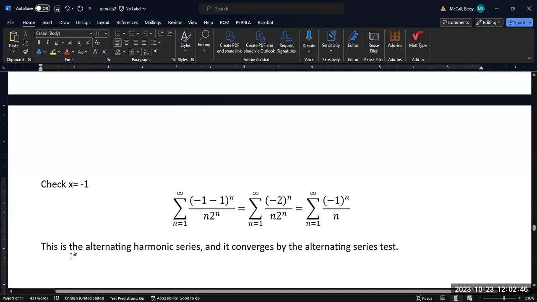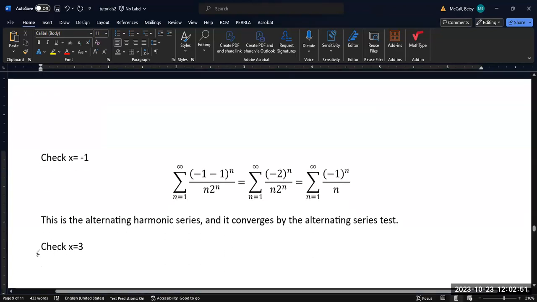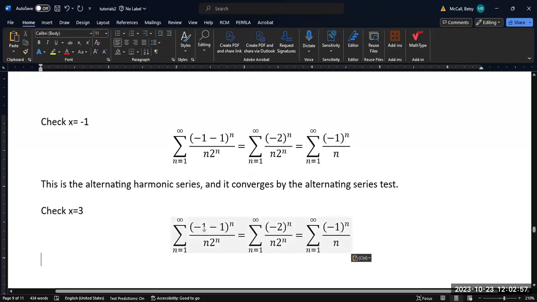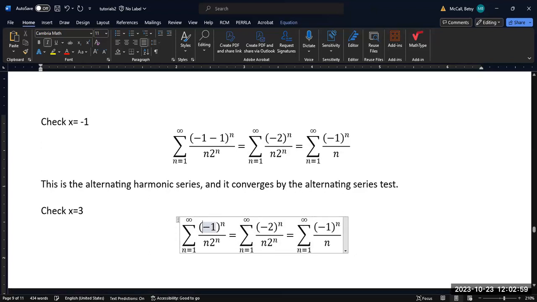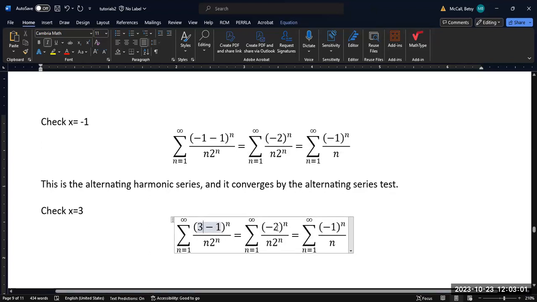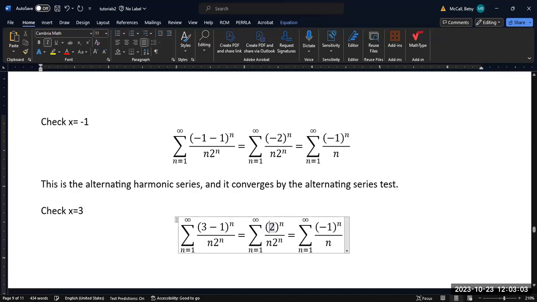Now, if we do this with x equals 3, though, we plug in 3, and then 3 minus 1 is 2, and then the 2's cancel, and we're left with 1 over n, because 1 to the n is 1.